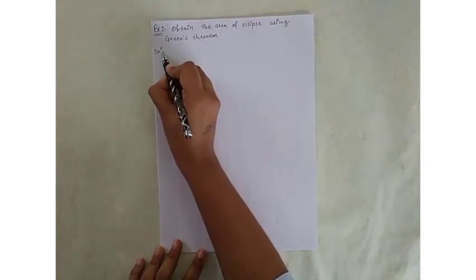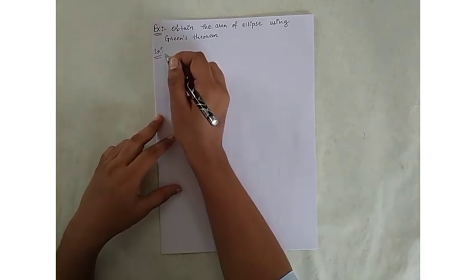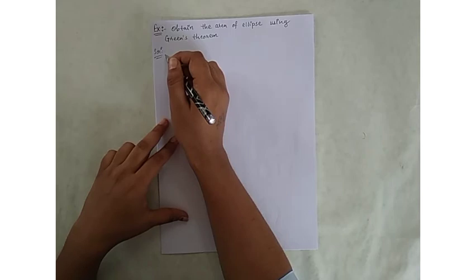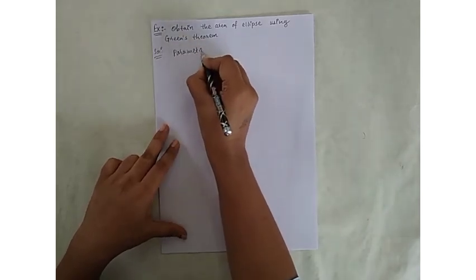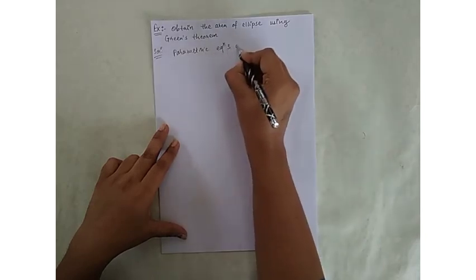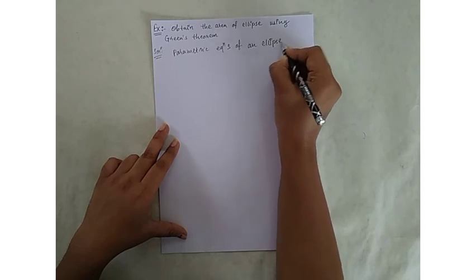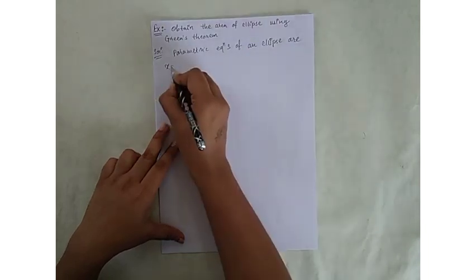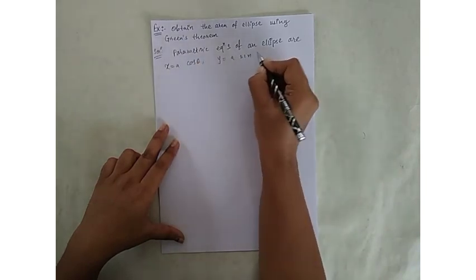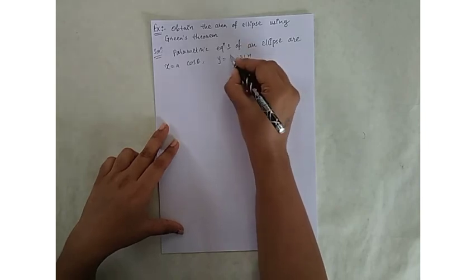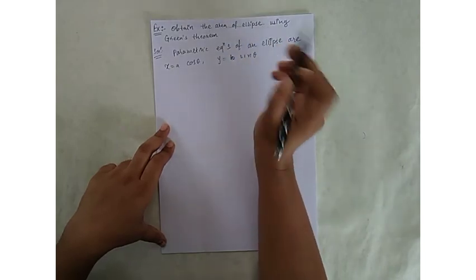So solution. For the solution, let us take the parametric equation of an ellipse: x is equal to a cos theta and y is equal to b sin theta. So now we have to find the area of ellipse.